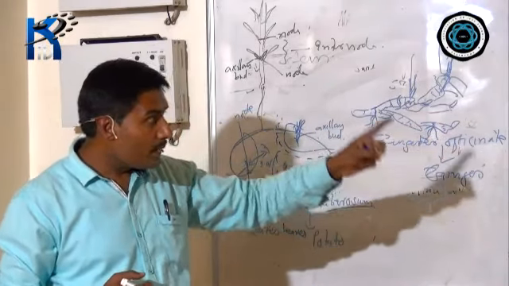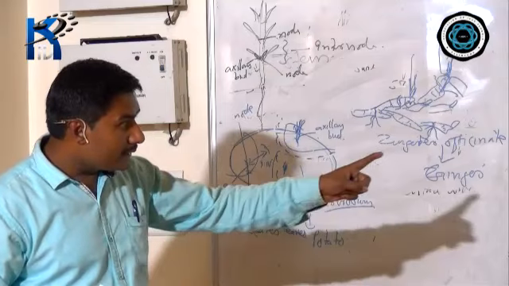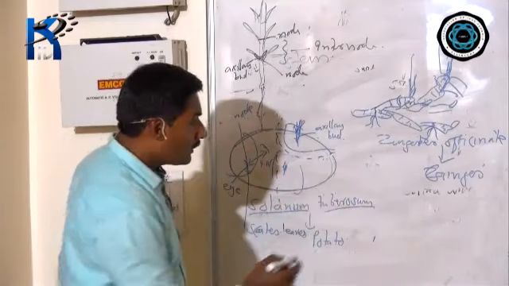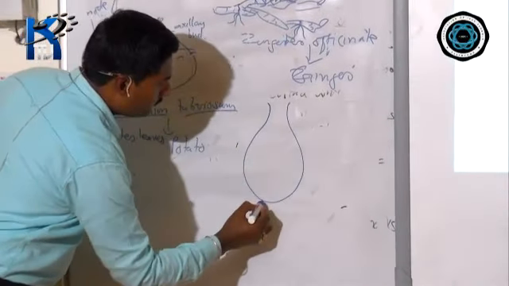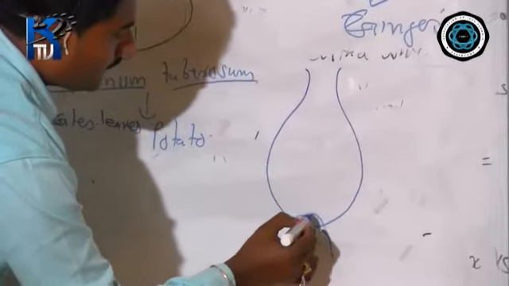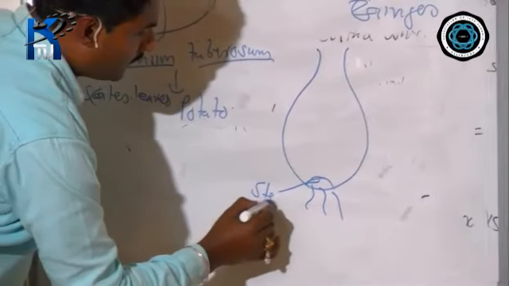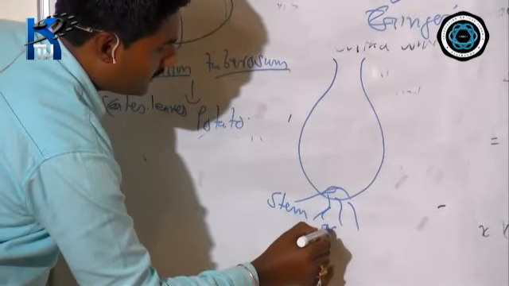Okay, now another one, that is bulb. So what are bulbs? Take for example onion. So this is the stem. This is the adventitious root.